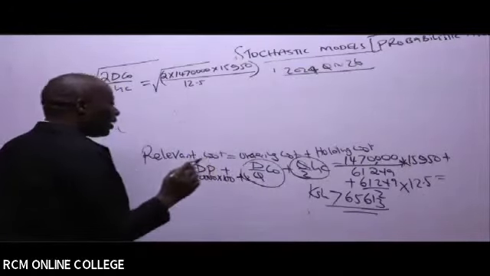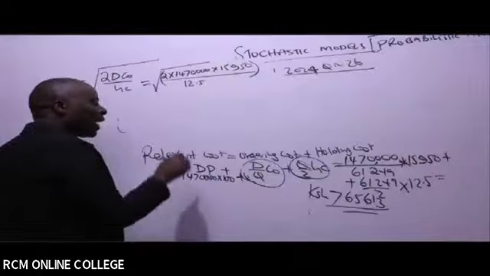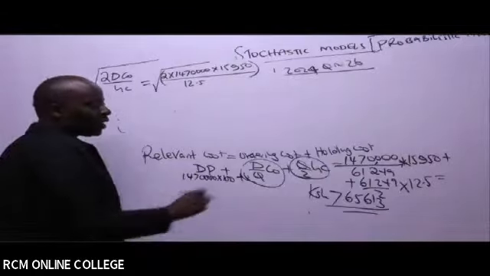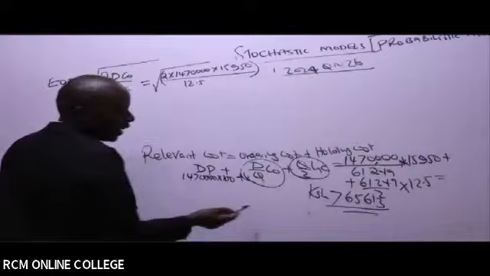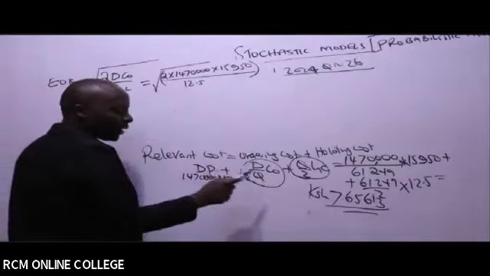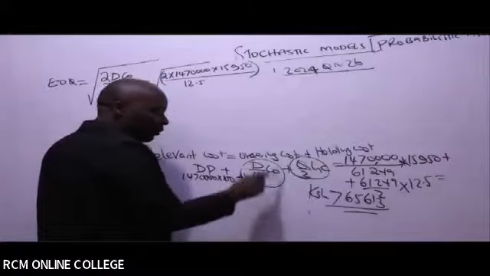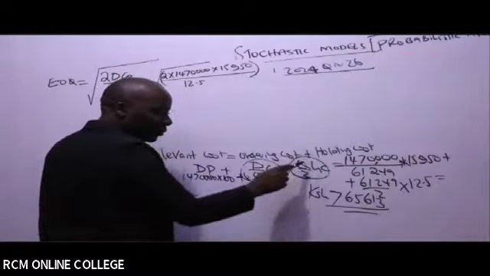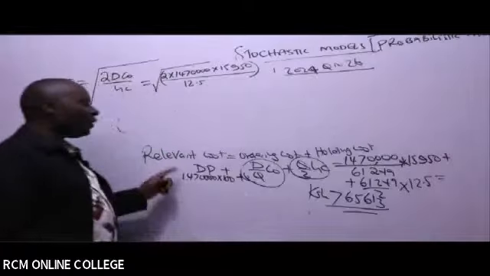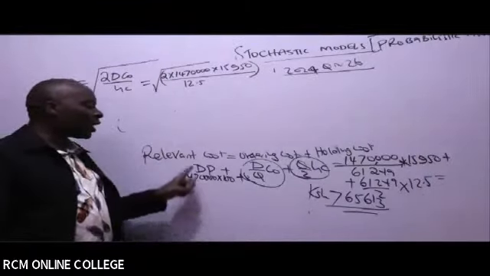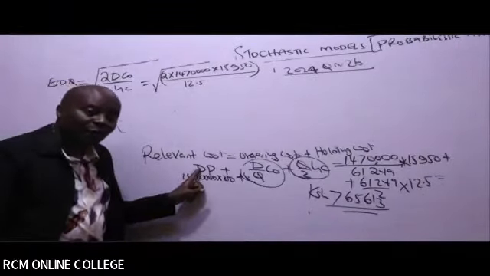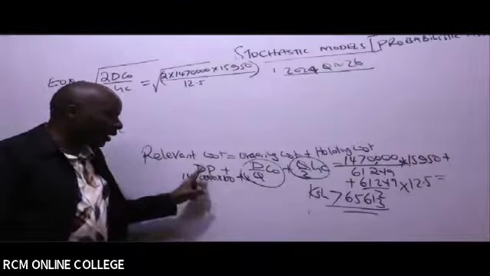Now listen. If, for example, we went for a different quantity, which is not this 61,249, maybe 70,000, you see this number here will change. But even if you go to 70,000, the annual demand is known in advance and will remain constant, and the price will remain constant.